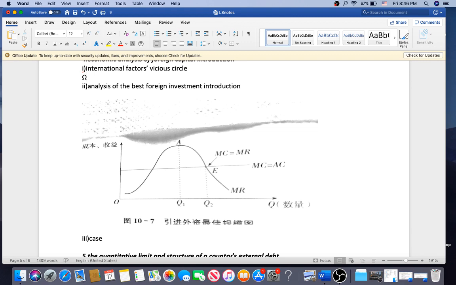In the course of economic development, there is a precedent for an economy getting into trouble because of the excessive introduction of foreign capital, more than the economy can bear. That is the Latin American debt crisis in the 1980s.